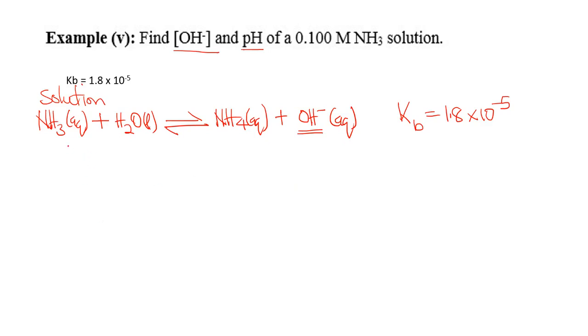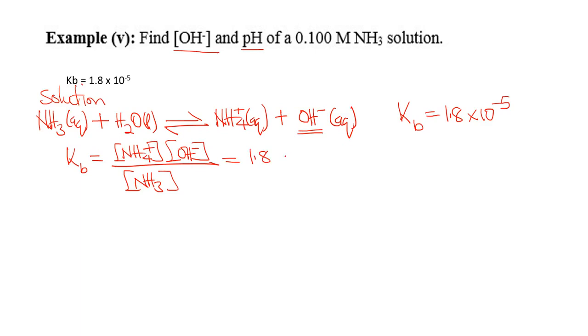First, we will say that Kb for this reaction is given as NH4 plus, let me not forget plus here, times OH minus divided by NH3. And this one is 1.8 times 10 to the power negative 5.